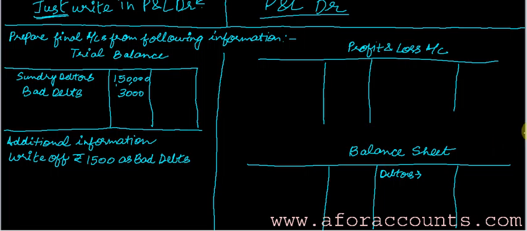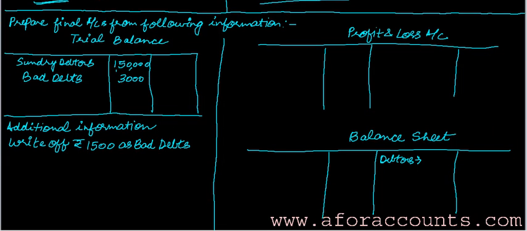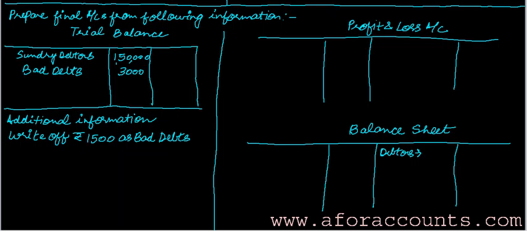Okay, the question is now, prepare final accounts from the following information. See, in the trial balance, what I have been given: debtors 1,50,000, bad debts 3,000. These bad debts are there in the trial balance. So for 3,000, there will only be a one-sided effect. Okay. Additional information: write off 1,500 as bad debts.